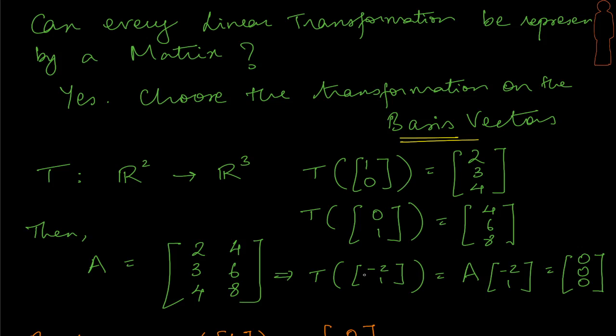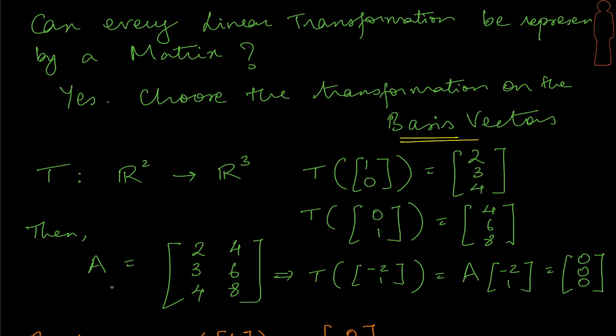Since the transformation is acting on the basis of R2, this is (1, 0) and (0, 1), the standard basis of R2, what we could do is simply pick up the vectors which are the transformed vectors of the basis, put them in matrix form, and we have the matrix with us.